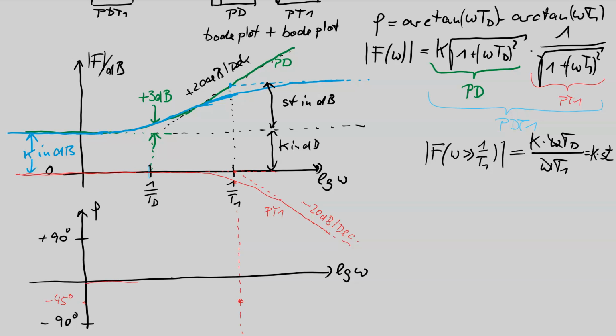So we have an arctangent curve looking like this, ending with minus 90. And we have a similar case in our PD situation. This is an arctangent function with positive sign, so we go up to plus 90, starting with 0. And then the curve goes up through this middle value.